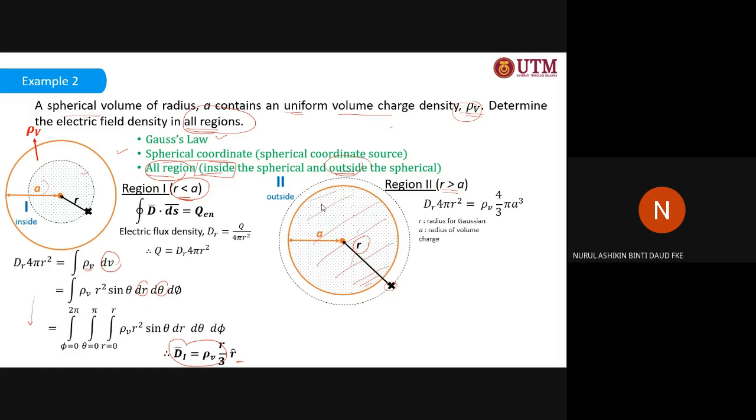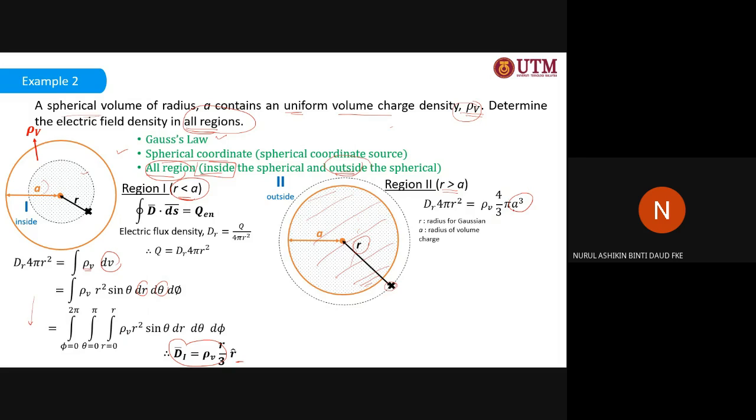All right. So now our dQ, from this electric flux density, will be the same, dr for pi r squared. However, for this part, it will be 4 over 3, rho v, 4 over 3 pi a cubed.